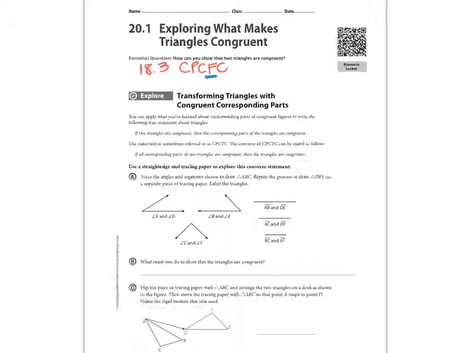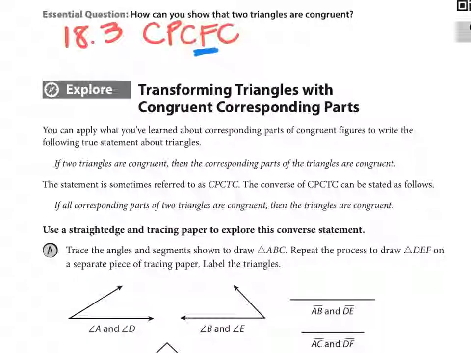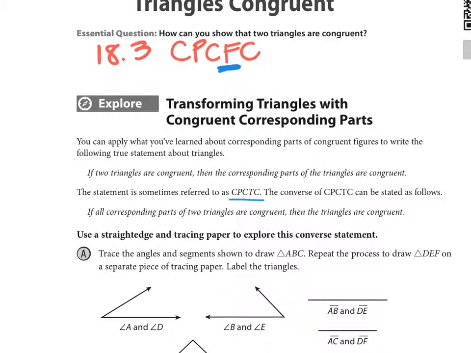So here in the first part of our notes, we have CPCTC, which stands for the same words as CPCFC except for that T. The T is triangles. There's two statements here that are very important, and if you want to combine this into one statement, you're going to see that in a couple pages.